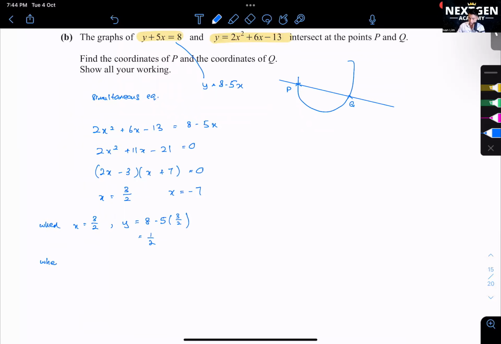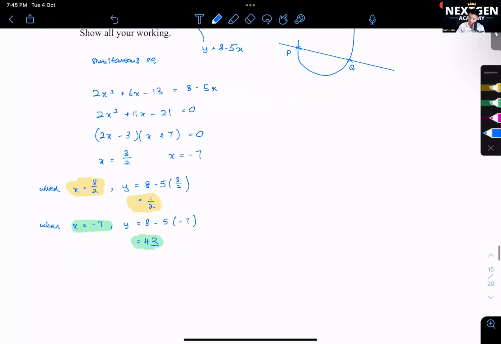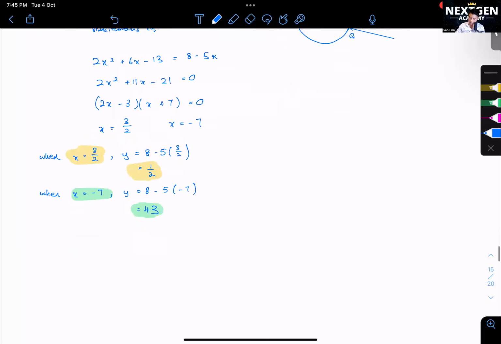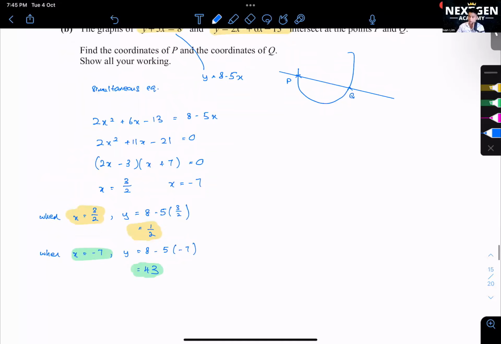Then for this one, when x equals to negative 7, y equals to 8 minus 5 times negative 7, which is 43. Okay, so you see I got this value. Then I got this value. Okay, therefore my P and Q are, so these are the points of intersection over here.